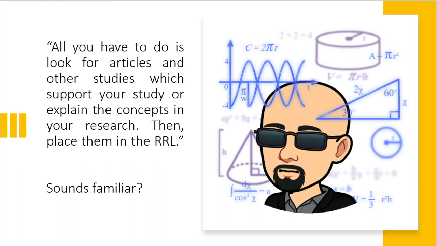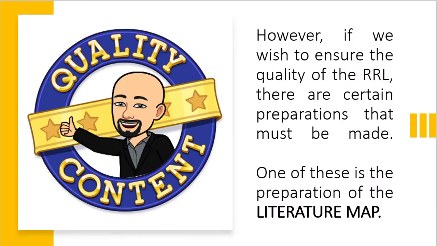It will contain studies or articles and journals, researches which support your study. But if you wish to ensure the quality of the RRL, which we are going to do right now, there are certain preparations that must be made. And it is not simply looking for sources and then just putting them in chapter number 2.